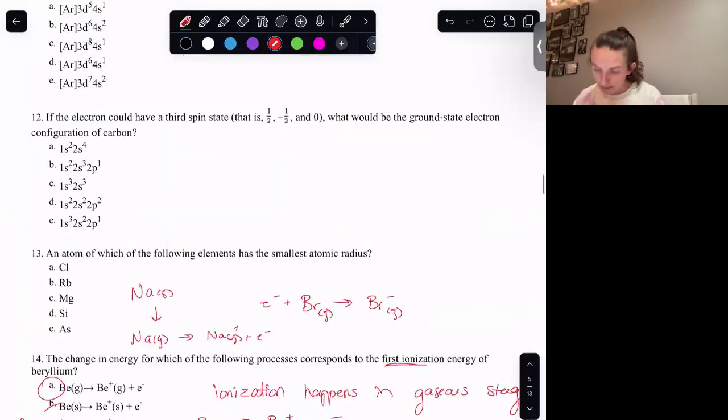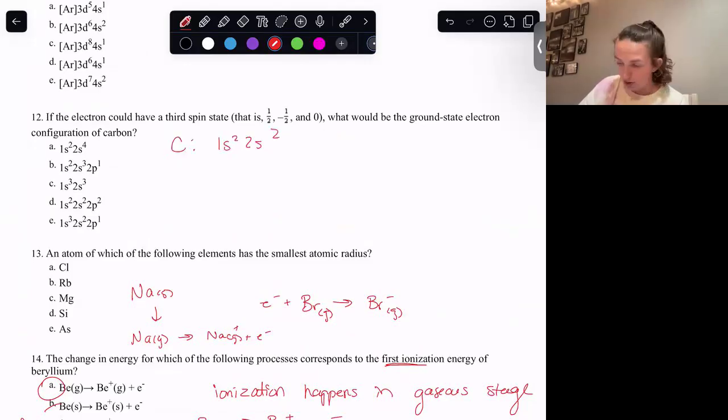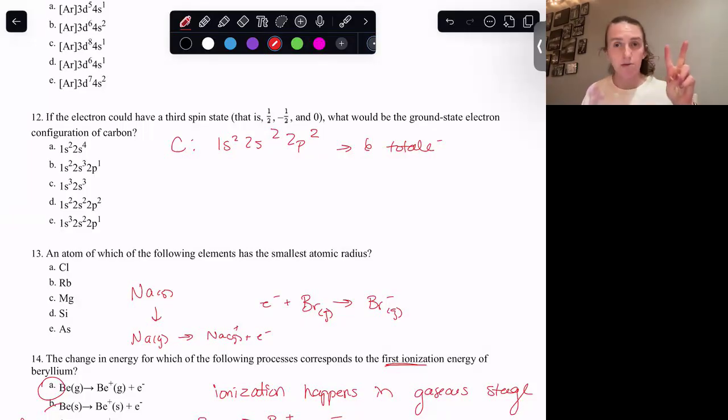And then we had 12. If the electron could have a third spin state, that is 1/2, minus 1/2, and 0, what would the ground state electron configuration be for carbon? So what you want to do first is write the ground state electron configuration as is. So carbon here is 1s2, 2s2, 2p2. So now you have 6 total electrons. You now just have 3 spin states. So instead of only 2 electrons being able to fit the s orbital, you can now have 3 electrons, right?